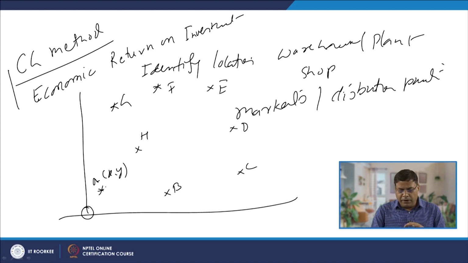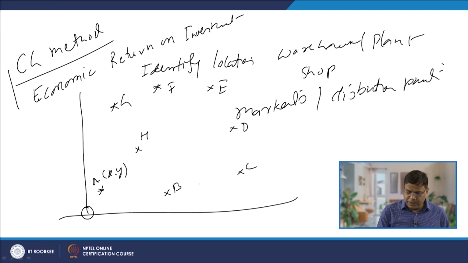So, if all these locations are to be served or fed, then where should we locate our warehouse, so that the distance to be travelled is minimum for all these locations.